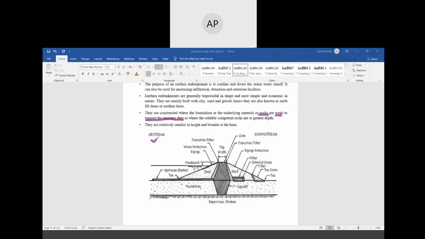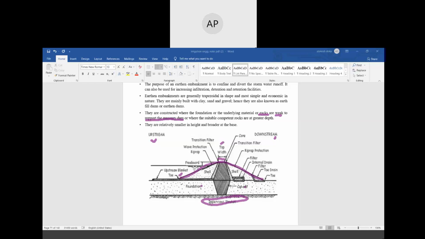And this is the upstream, this is the downstream of a dam, this is the top width, this is the foundation cut off, this is the impervious strata, this is the toe. Generally this portion is the dam. This is the freeboard, transition filter, wave protection riprap, core.